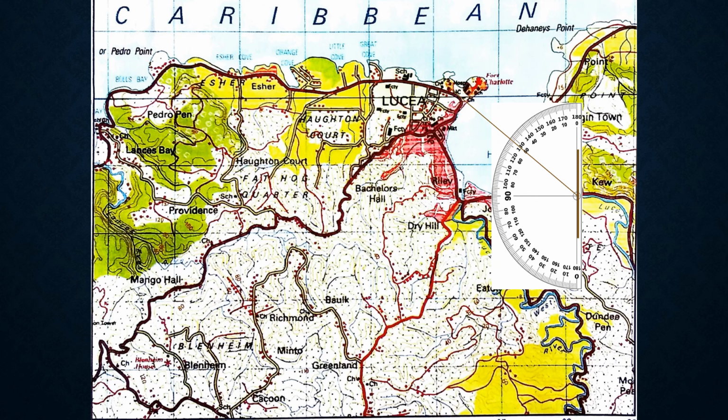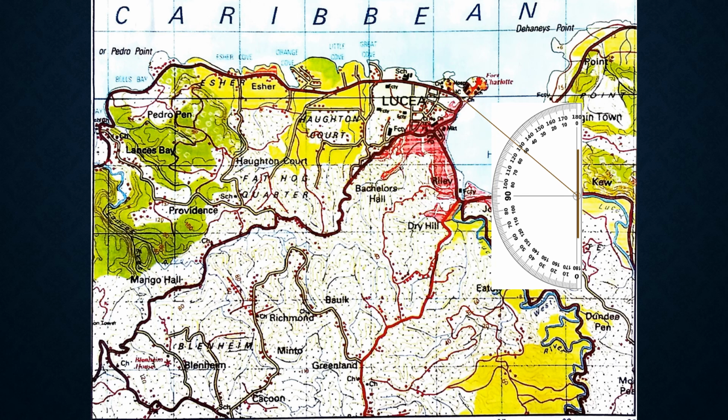So 128 plus 180 should give us approximately 308 degrees. So it is 308 degrees.